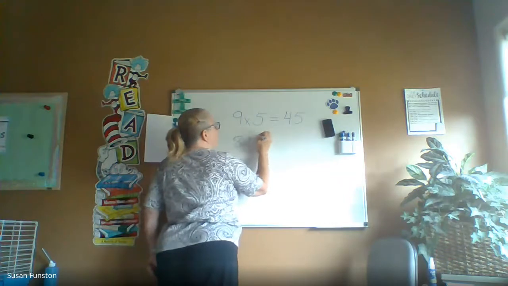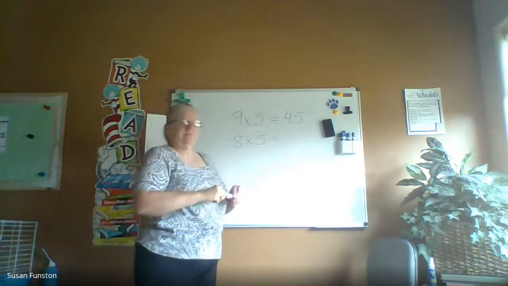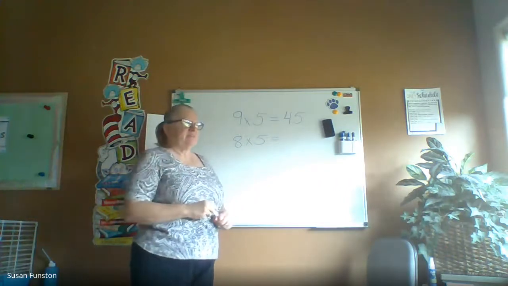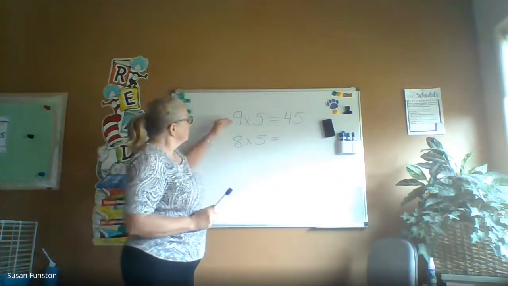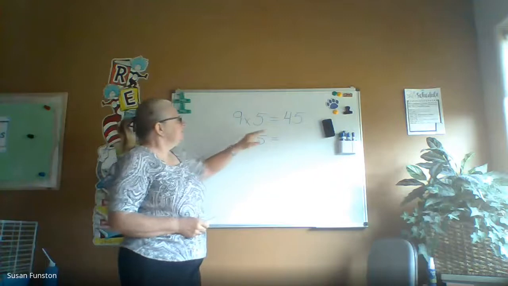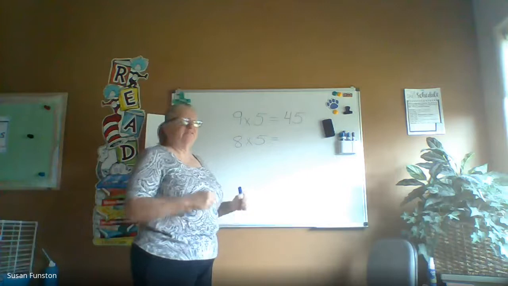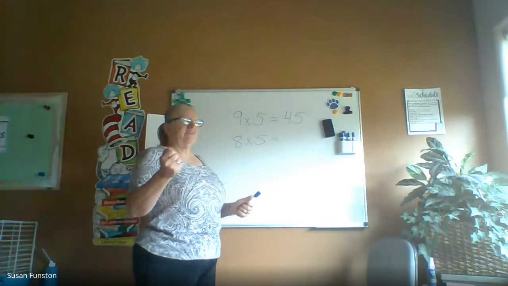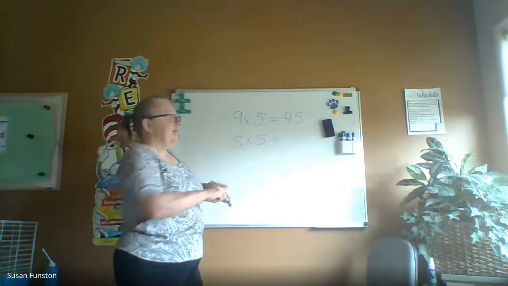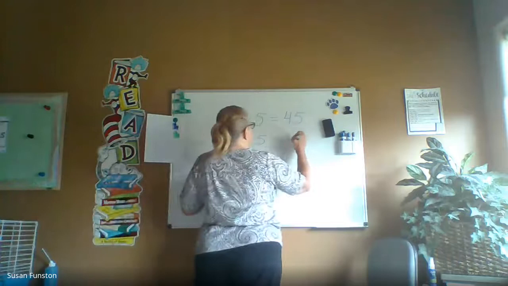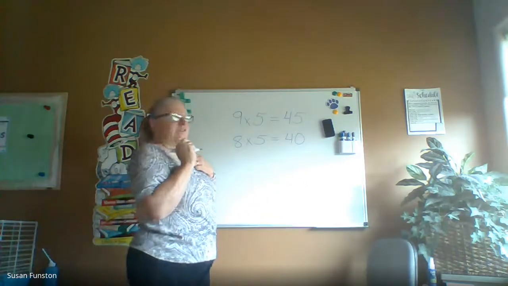Can we use that to figure out 8 times 5? Okay, I could count by 5s 8 times, but it might be quicker if I just said, oh, look, 8 is 1 less than 9, so this is 1 five less. So let's count backwards by 5, starting at 45, 45, 40. I only need to count back 1 time, so now I know that 8 times 5 is 40.